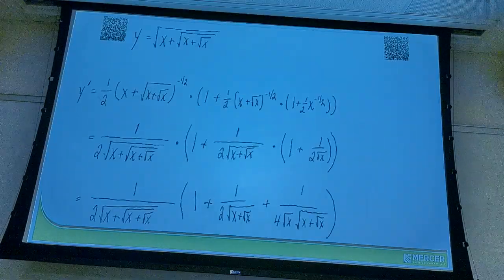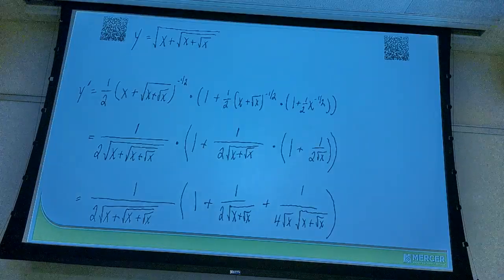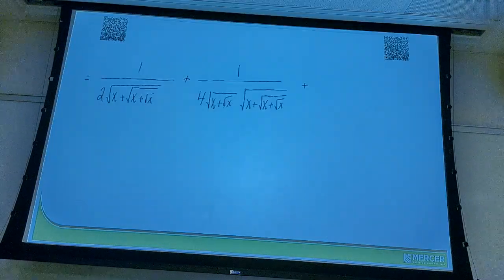Yes. And then what, 1/8? It's going to be an 8 in the denominator, and then something that looks really, really hideous.